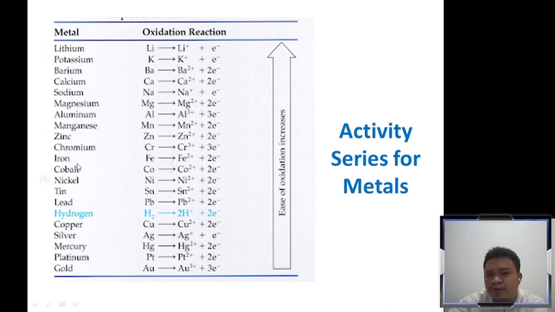So the further you go down toward the bottom of this list, the less active the metal is. You have to remember that. You don't need to memorize this. Actually, I don't memorize this. You may just take a look at the list as your reference.